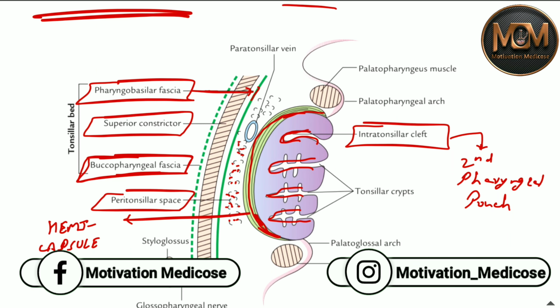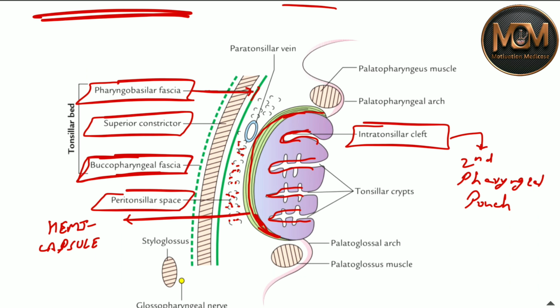I'm telling you this because it is basically an empty space, and if we want to dissect the tonsil, we can cut at this point. Also, in this region pus can be collected because it's a space, and an abscess can be formed in this peritonsillar space. That's why it's called peritonsillar abscess.